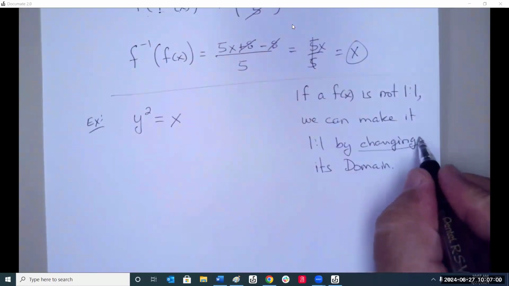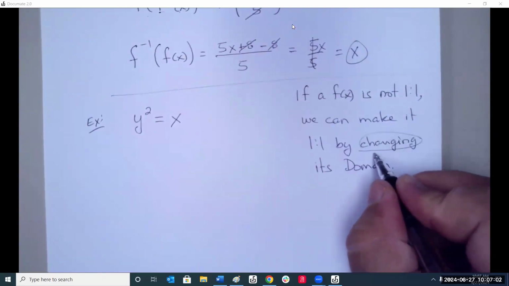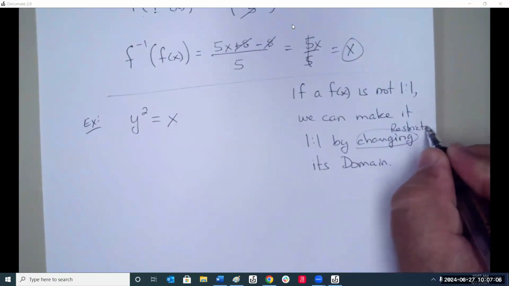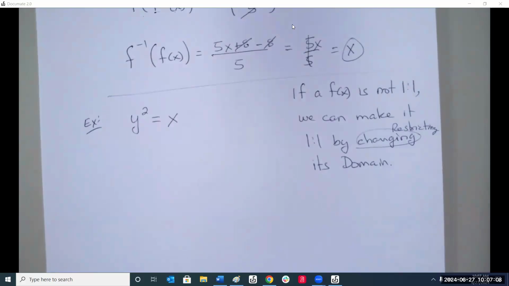By changing, actually, restricting. We're not changing it, we're just not taking it from negative infinity to positive infinity.